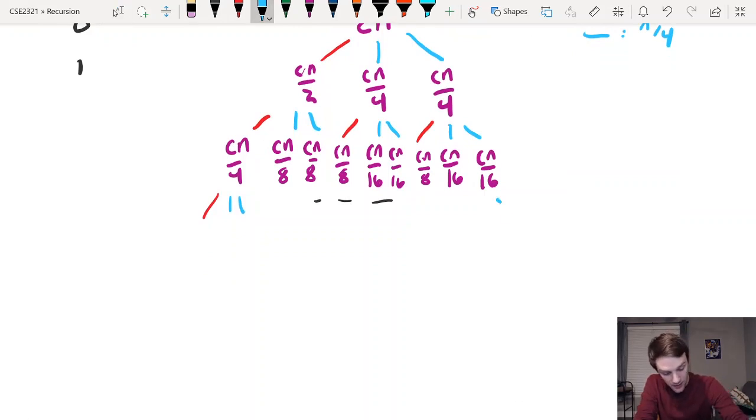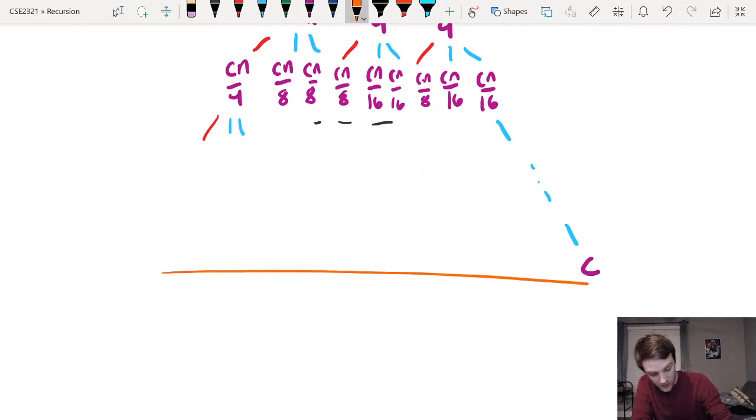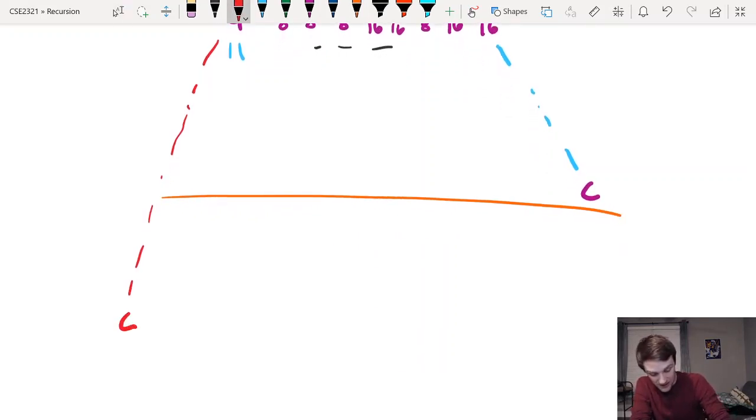So we're going to keep going until eventually this blue branch terminates over here. We're going to cut off the tree there. This red branch on the other side will keep going for some time until eventually it terminates. So the first of the branches that terminate is the one that's taking nothing but the n over 4 path the whole way through.